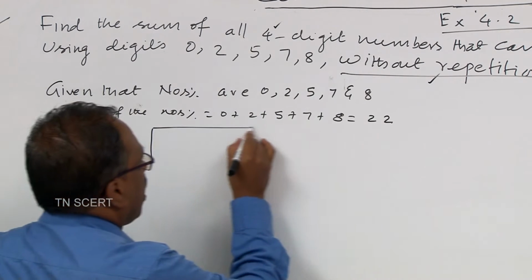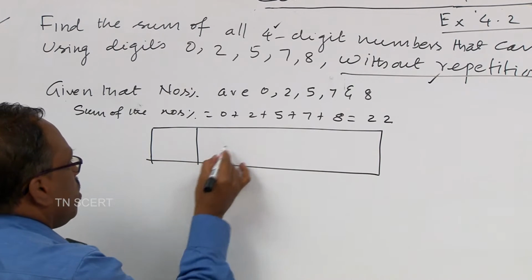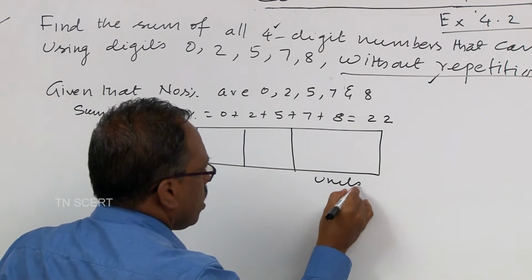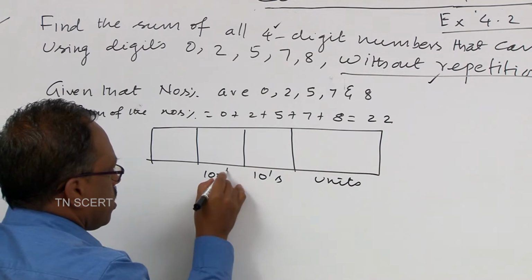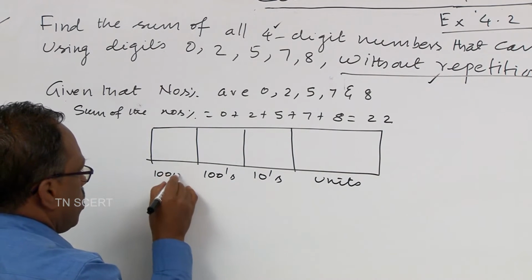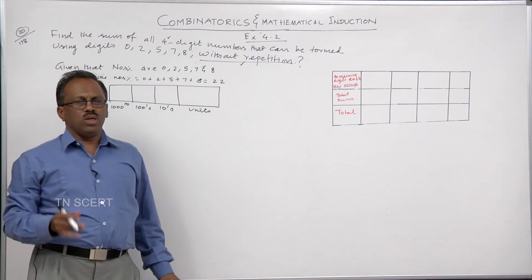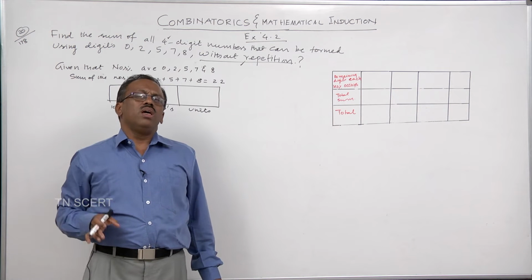Now let us allocate the 4-digit number. This is units, this is tens, this is hundreds, this is the thousands place. Like this, the allocation will be given: unit place, tens place, hundreds place, and then thousands place.